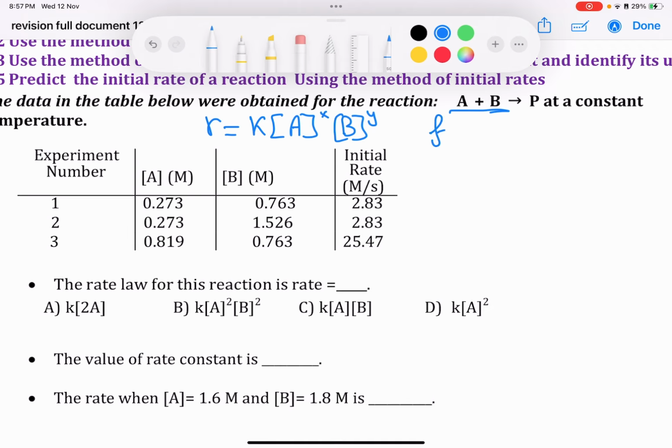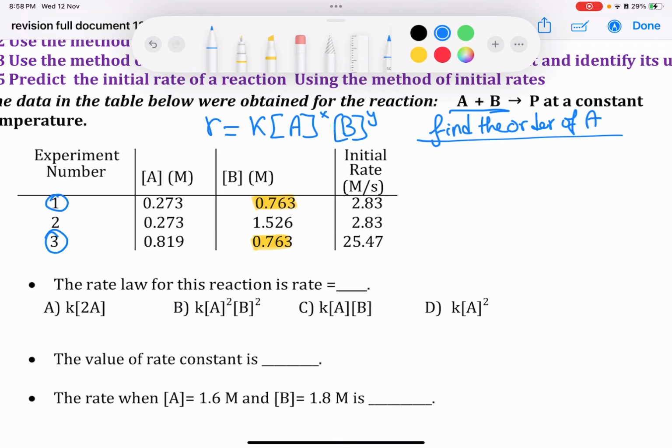So now let's find the order of A. If I want to find the order of A, I need to choose the trials, the experiments. So I look at where B was constant. B was constant in trials 1 and 3. So in order to check the order of A, I need to make B constant and study the changes happening to A so that I can determine the order of A.